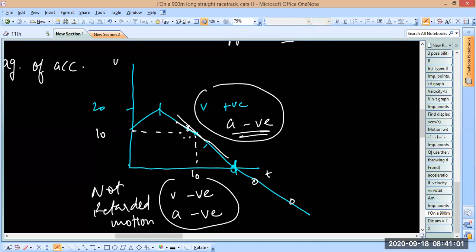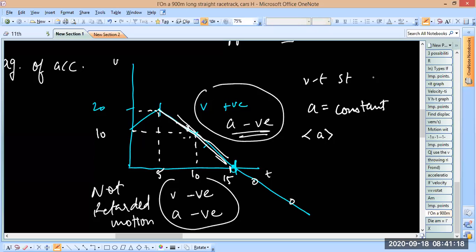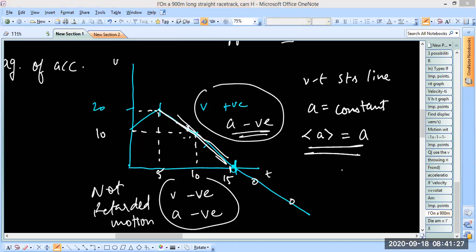Okay, at 5 it is 20, and then at 15 it is 0. So do you realize that here, because this graph is a straight line, acceleration is constant. We just talked about it, that if vt graph is straight line, that means acceleration is constant. So instead of finding a, I can find this. I hope you remember this, right?